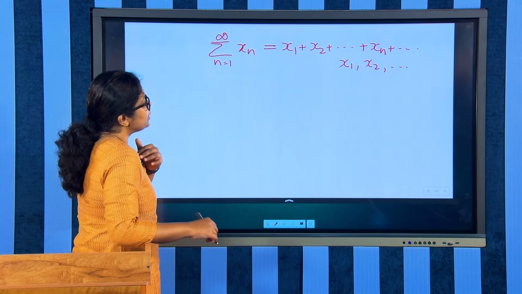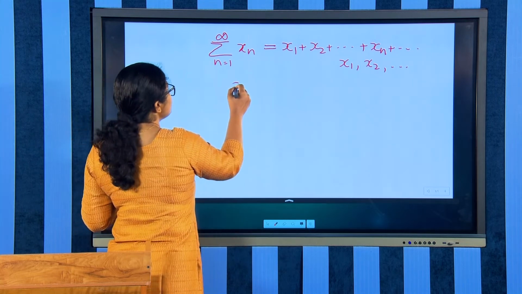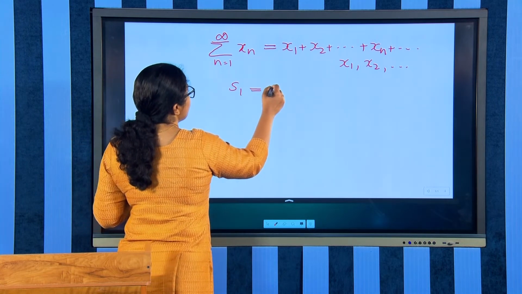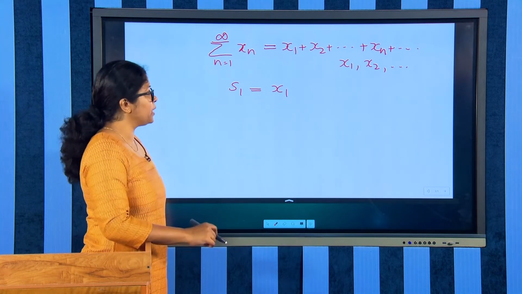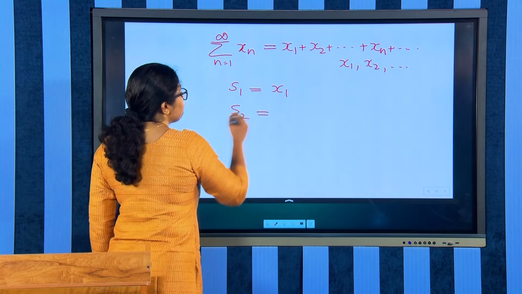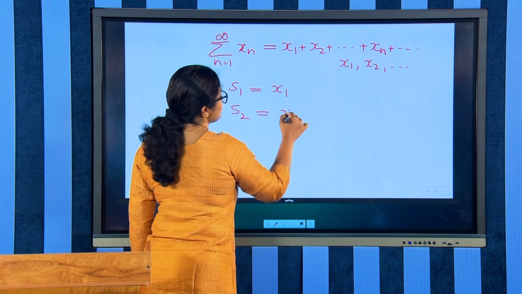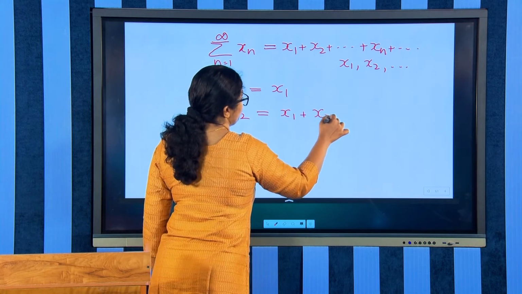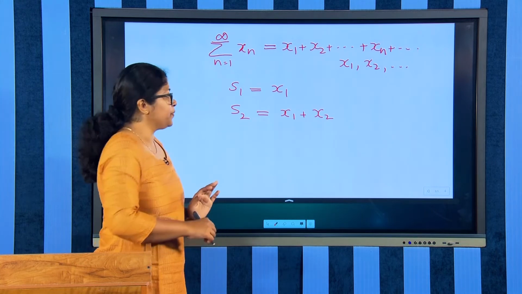The sequence of partial sums is created as follows. The first term S1 is nothing but the first term x1 itself, but the second partial sum will be the sum of the first two terms of the series, that is x1 plus x2. We are adding the first and second term alone.